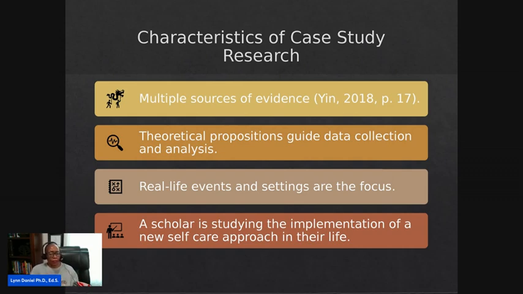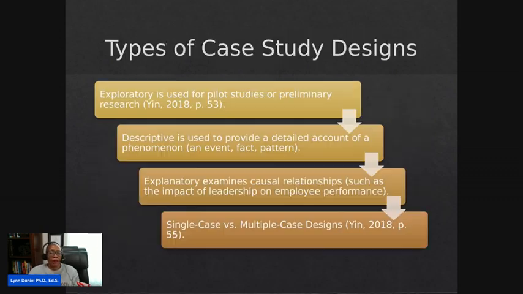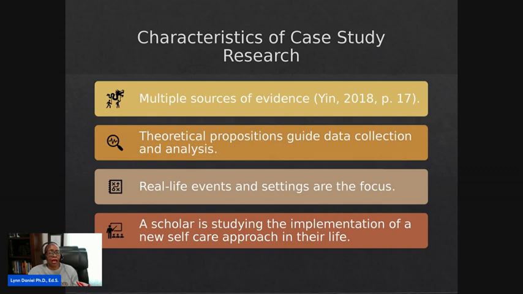All right. And then you are the scholar studying the implementation of new self-care approaches in your life. That's what we're doing in this course. Okay, and that's our example. A scholar is studying the implementation of a new self-care approach in their life.